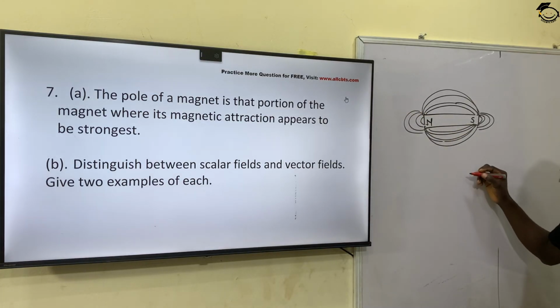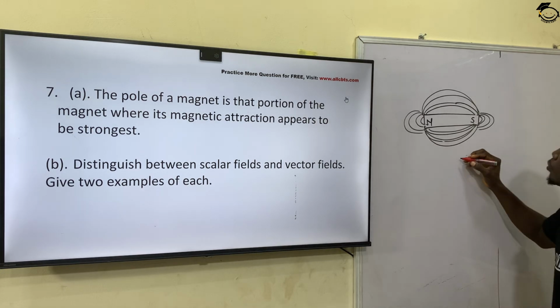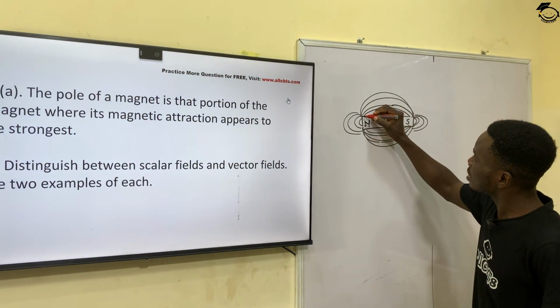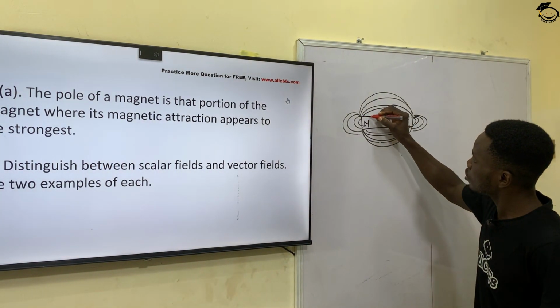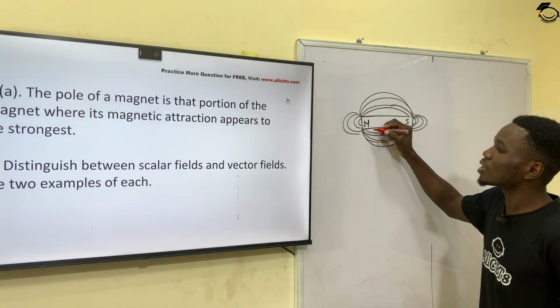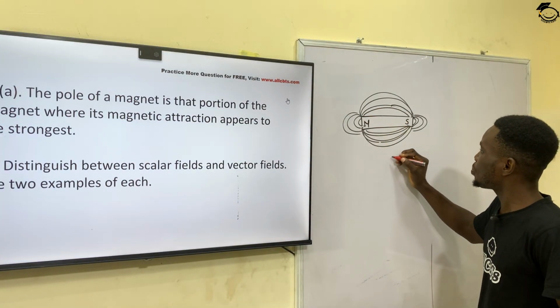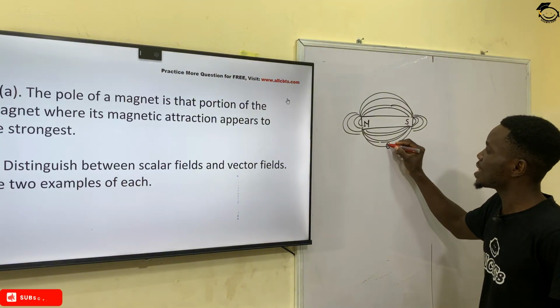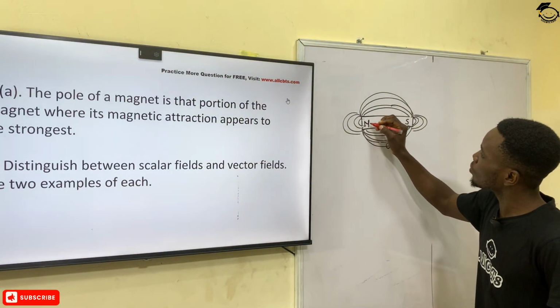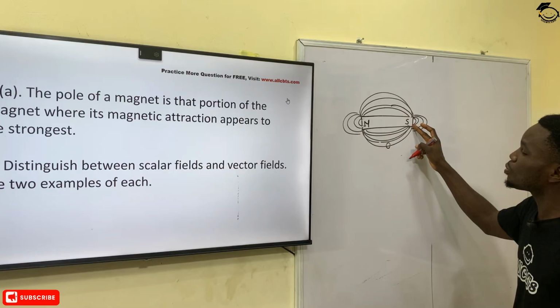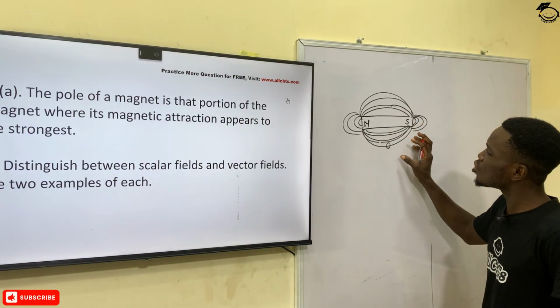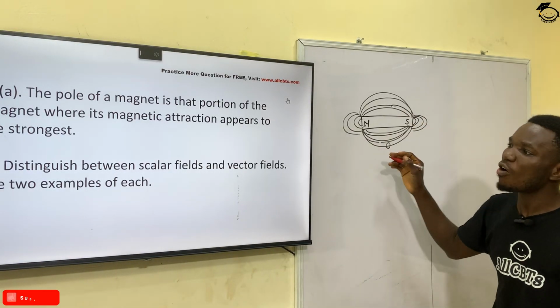So looking at this magnetic field, if I put an object closer to this pole, which is the north pole here, you discover that it will be easily magnetized compared to when I put the object here. So closer to any one of the poles, either the north pole or the south pole, that is when we have the strongest magnetic property of a magnet.